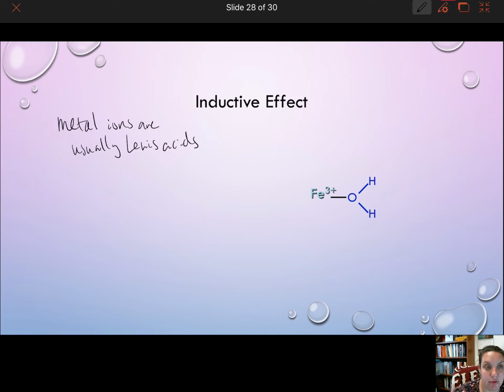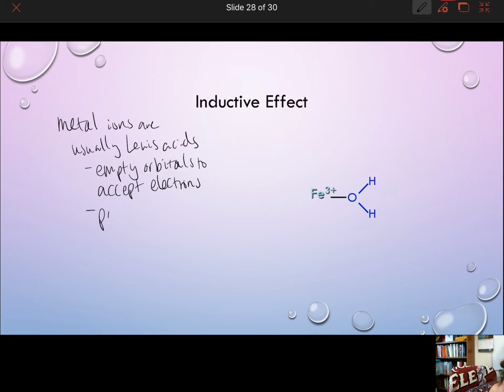And the reason for this is because they have empty orbitals that can accept electrons, and they are positively charged.